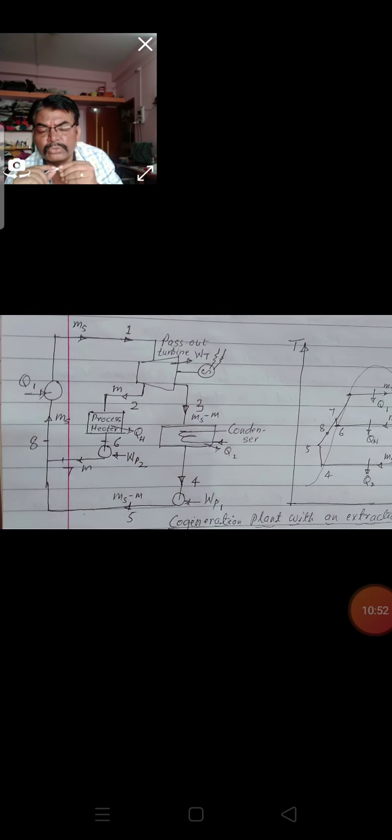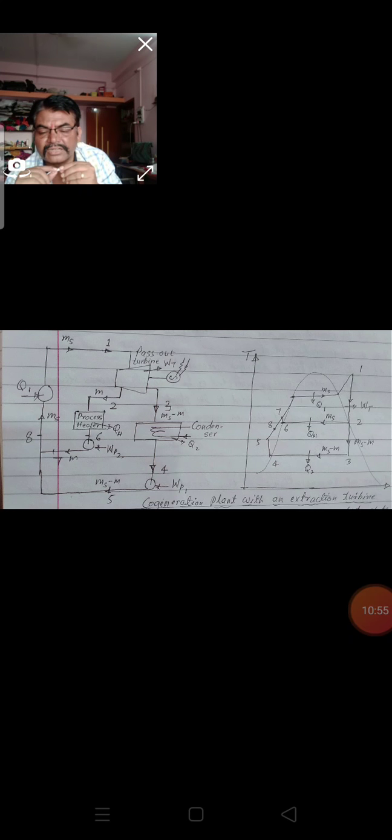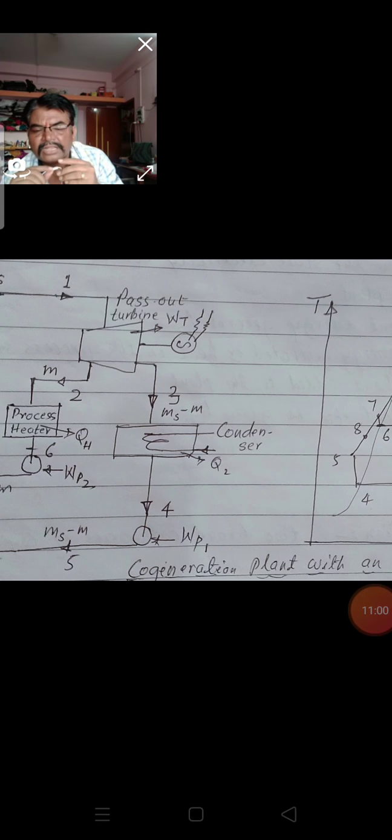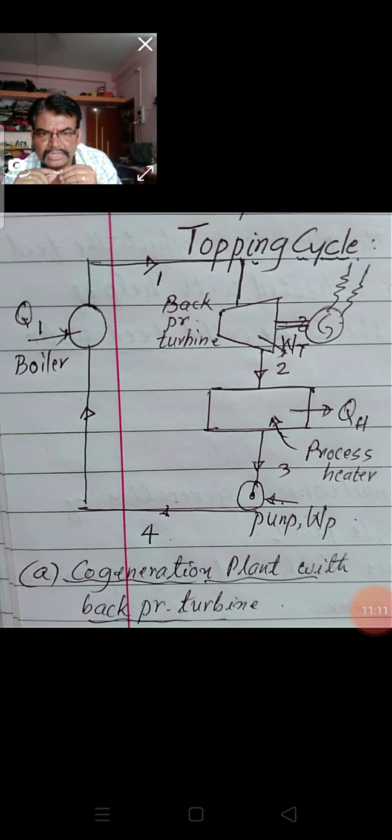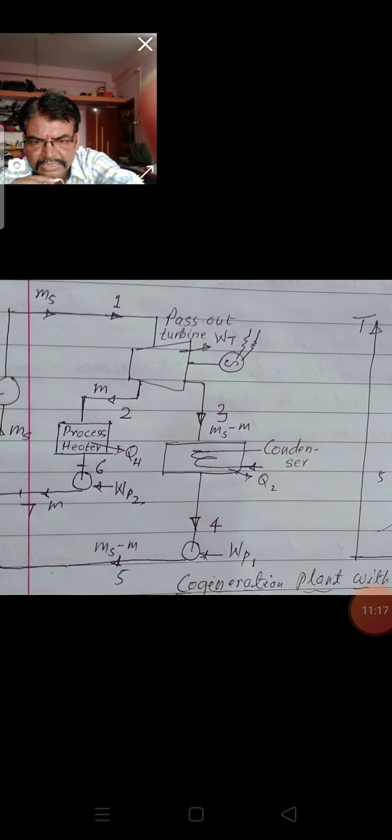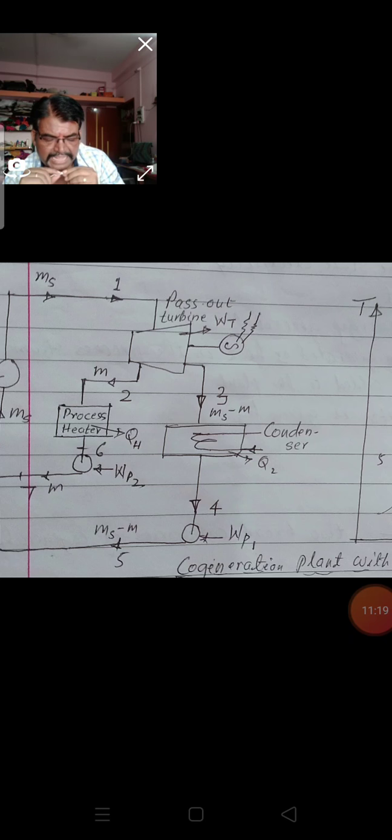The big difference between the two diagrams is the back pressure turbine, which is there in diagram A, above the condenser, and in diagram B, the extraction turbine, which is connected in between the process heater and the condenser.